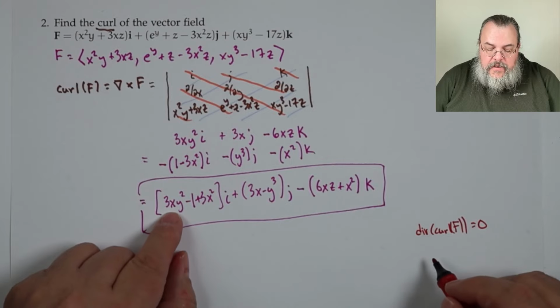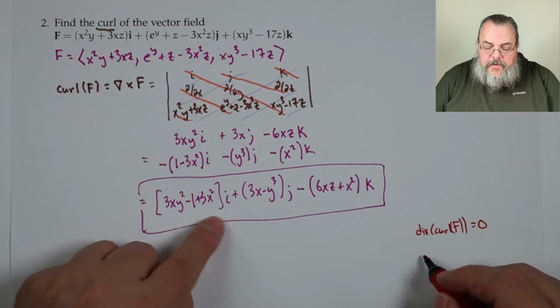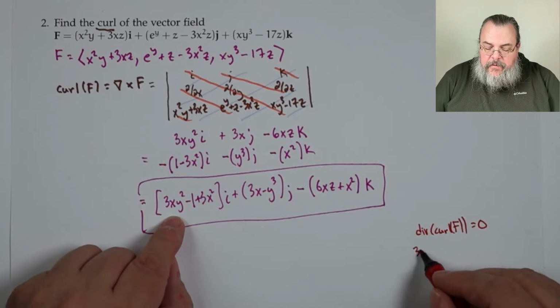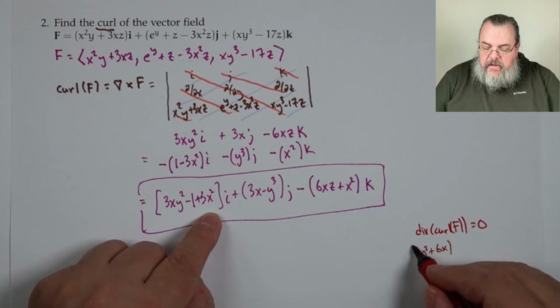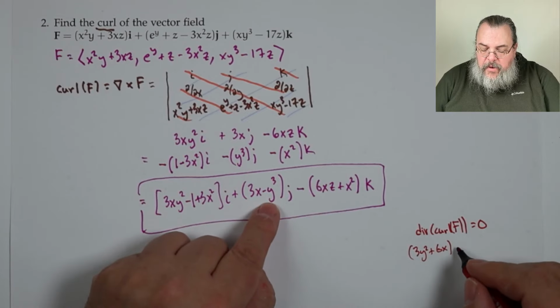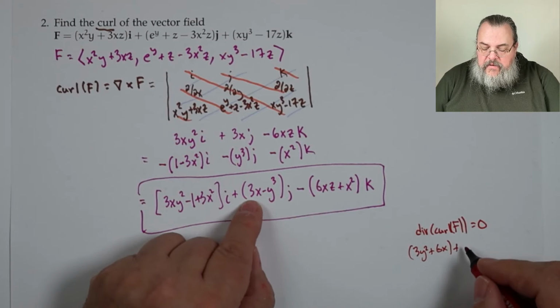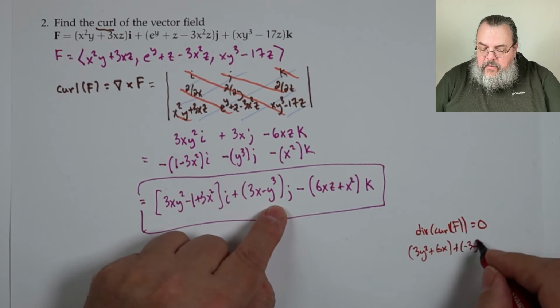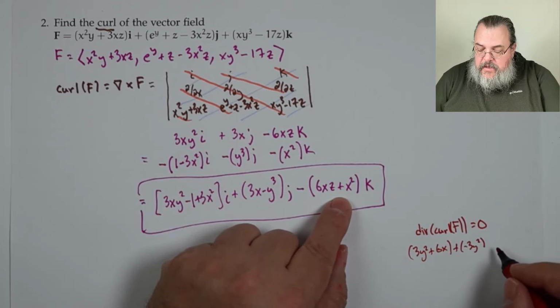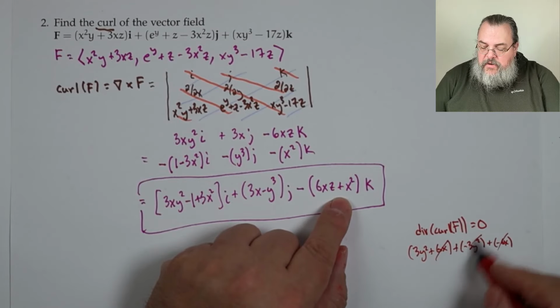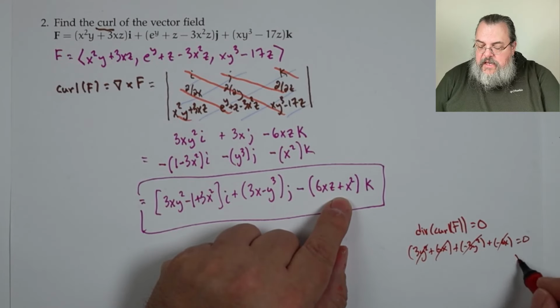Well, we take the derivative of the first term with respect to x, 3y squared plus 6x. Now take the derivative of the second term with respect to y, and what do we get? Well, that's minus 3y squared. Now take the derivative of the last term with respect to z. What do you get? You get a minus 6x, and lo and behold, that was 0, so that's good.